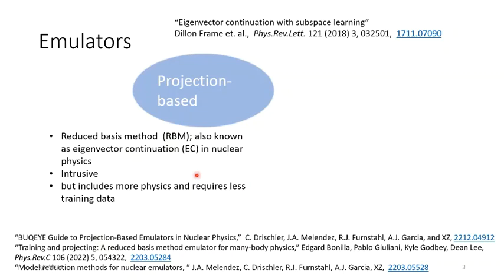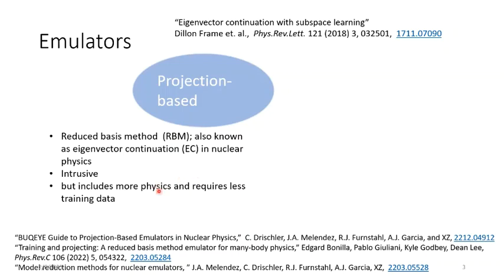These emulators are very intrusive, meaning that when you develop them, you actually need to understand the equation systems of your physical models. Simply speaking, that means you have to build new code for emulation. But based on our experience, it turns out it's actually not that bad, because the emulation structure is quite simple.